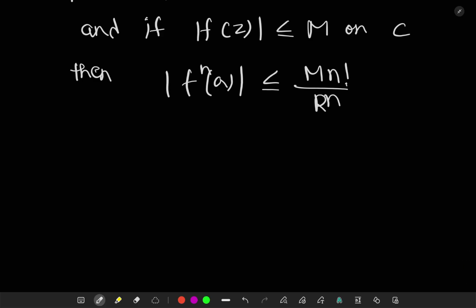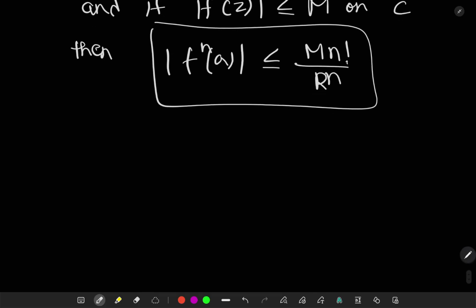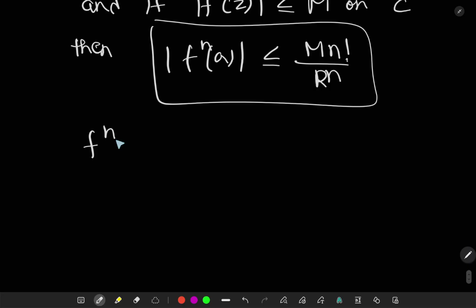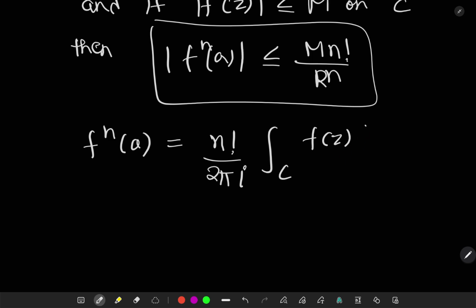Let's prove this. Here, given f^(n)(a) = n!/(2πi) ∫ f(z)/(z - a)^(n+1) dz. Here we used the Cauchy integral formula.